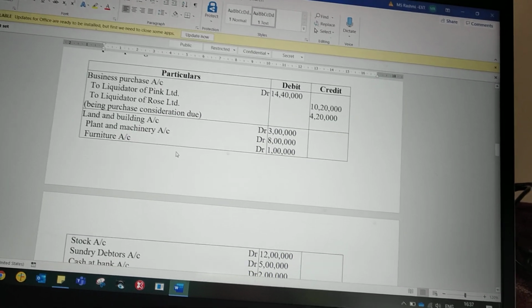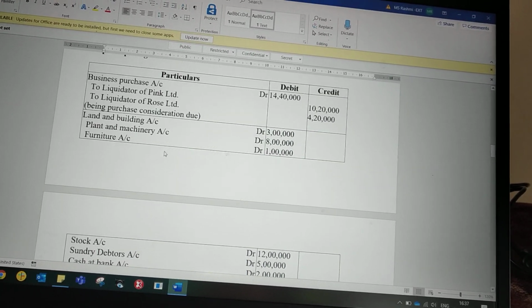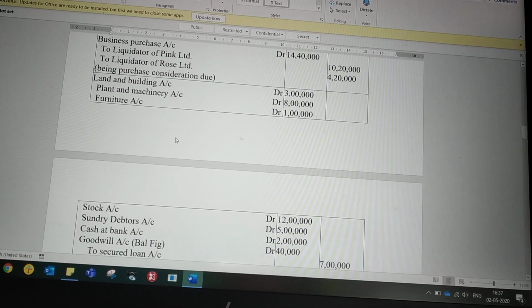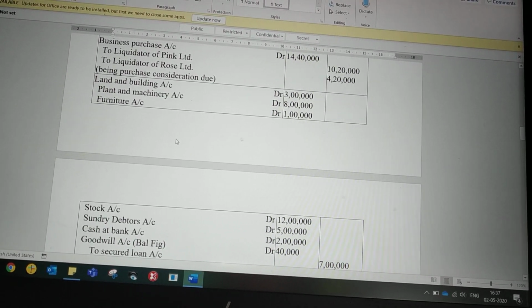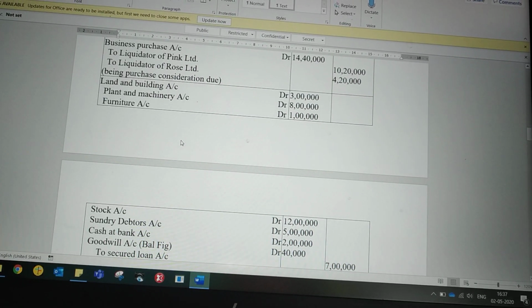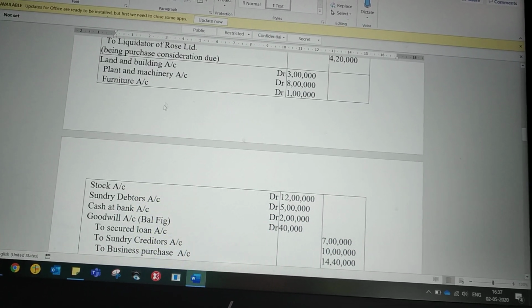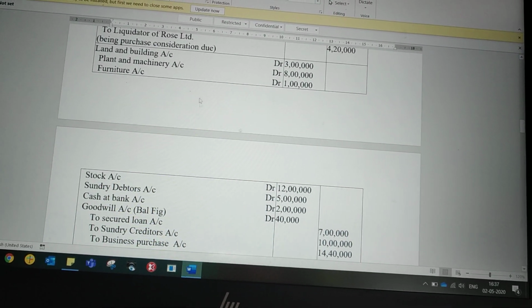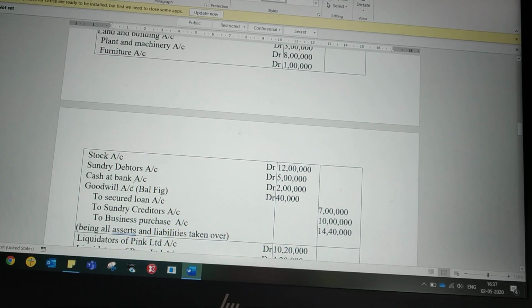So here, finally, in the second entry we'll go for whatever the assets will be debited. Whatever comes in is debit, what goes out is credit, the same thing will be followed. Whatever the assets, consider land and building, plant and machinery, furniture, stock, sundry debtors, cash at bank.